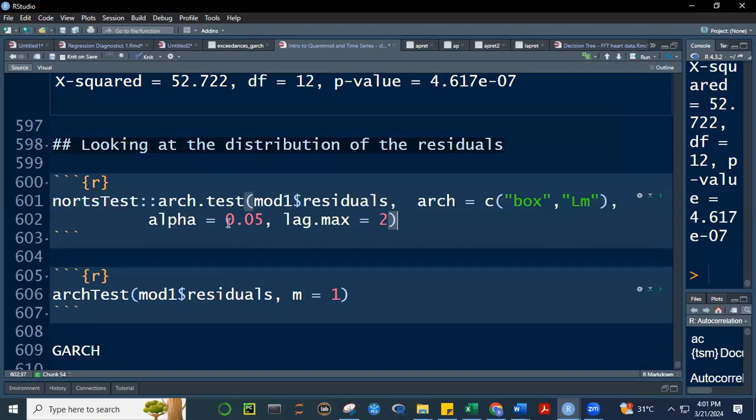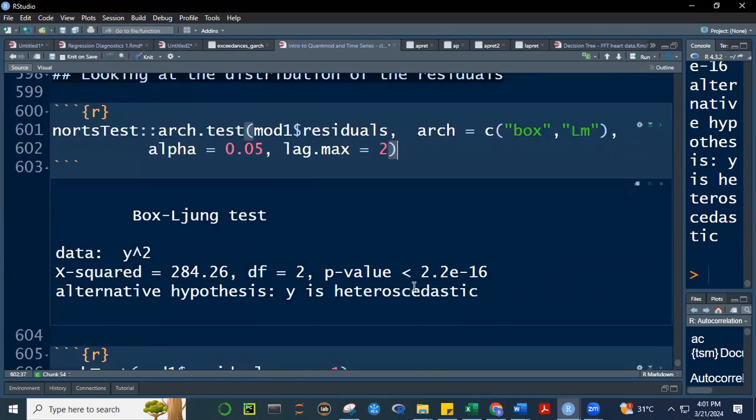And then alpha natin, define natin at 0.05. That's our significance level. Lag.max natin 2 na lang, no? So if I run this, okay, what does this tell us? Ang null hypothesis natin dito is that the residuals are homoscedastic. P-value is less than 0.05. So we reject the null hypothesis that our residuals are homoscedastic, heteroscedastic siya.